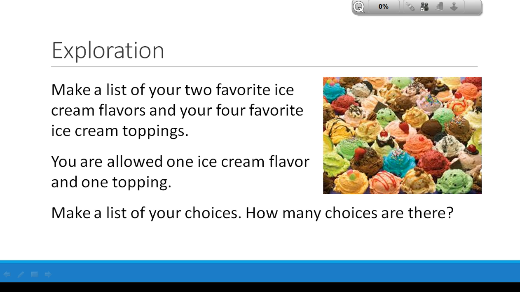Okay, so I'm going to ask that the sub give you about 10 minutes. You can talk to your partners, and you have to make a list of your 2 favorite ice cream flavors and your 4 favorite ice cream toppings. And so you're allowed 1 ice cream flavor and 1 topping. You have to make a list of how many different combinations. So for instance, let's say I like banana and strawberry ice cream, and then I like walnuts, pecans, caramel, and whipped cream.